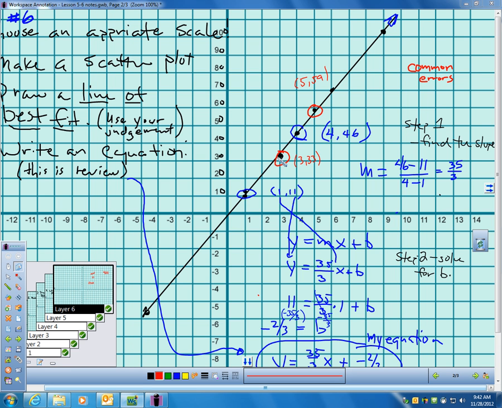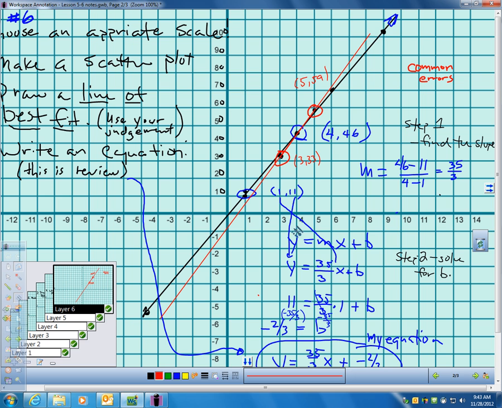If I pick these 2 points to write my line, take a careful look at these 2 points. The line for these 2 points is this. I'm going to try to draw this as neatly as I can. That's a little bit off. Let me try this again. That looks better. Okay?